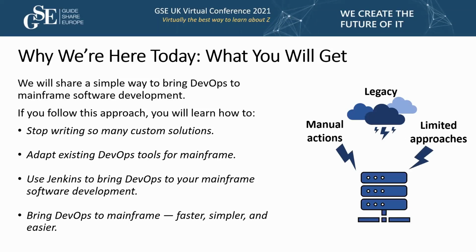Second is we will provide a concrete example of our approach and walk you through how to connect a mainframe with Jenkins pipeline using USS. And finally, we will provide some additional tools you can use to bring more DevOps practices to more aspects of mainframe software development.